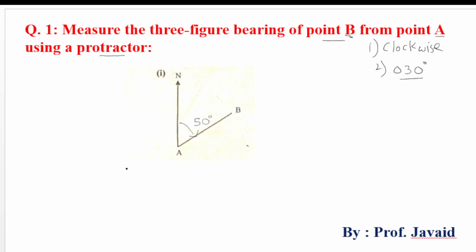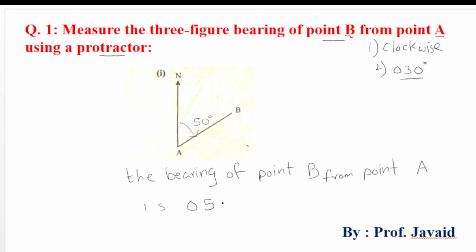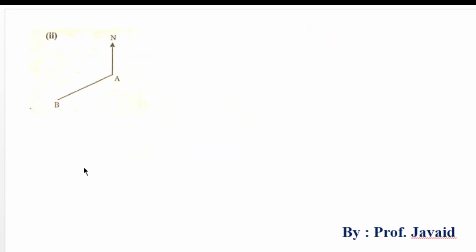The bearing of point B from point A is 050, like this. So this is the answer. I hope you understand, all of you. So now let's move toward the next question.